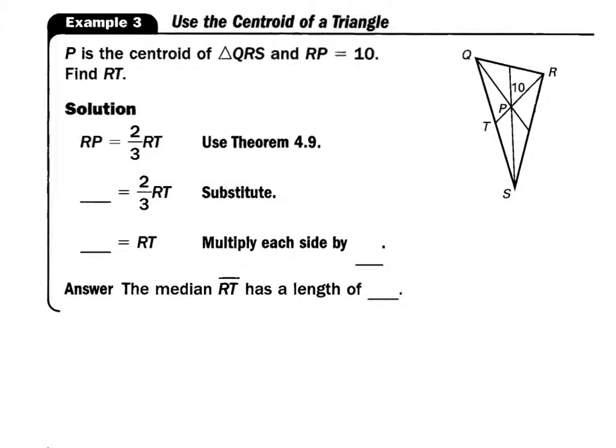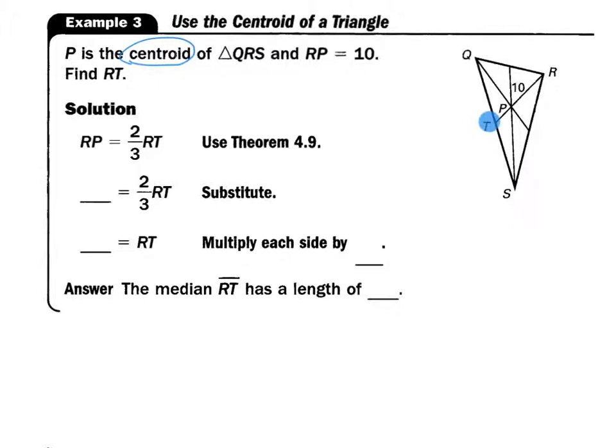I think this is the last example. This one says P is the centroid of triangle QRS, and RP is 10. Find RT. Because it's given that it's the centroid, we know all three lines that meet at P are medians of the triangle. In other words, we can draw the conclusion that T is the midpoint. So that's all the information we can gather there.